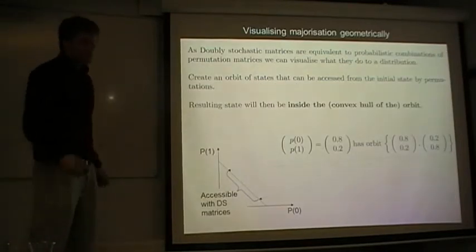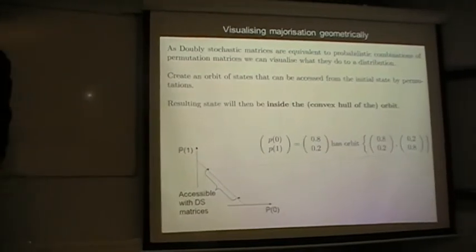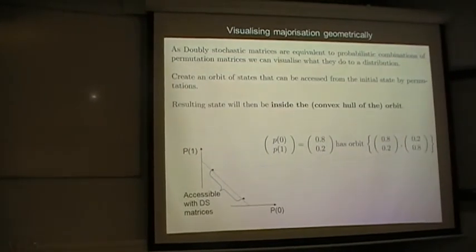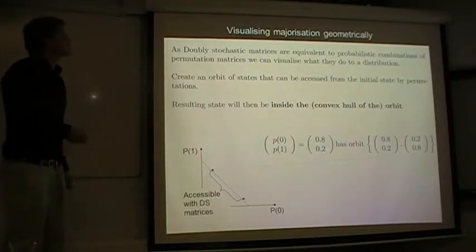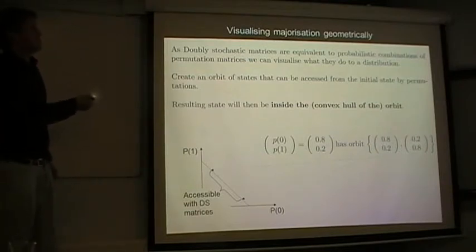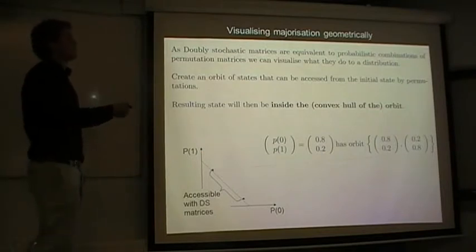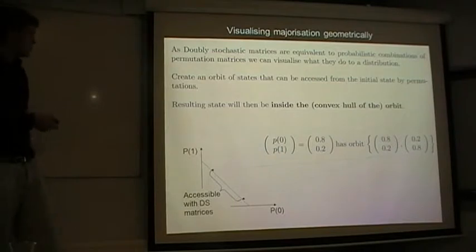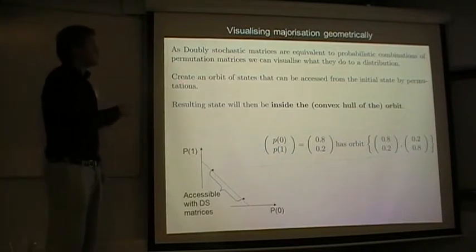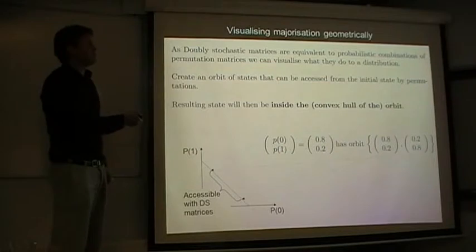One reason why that's really neat is that it allows us to visualize majorization geometrically. Because doubly stochastic matrices, like just stated, are equivalent to probabilistic combinations of permutation matrices, we can visualize what they do. We can create an orbit of states that can be accessed from the initial state by permutations.